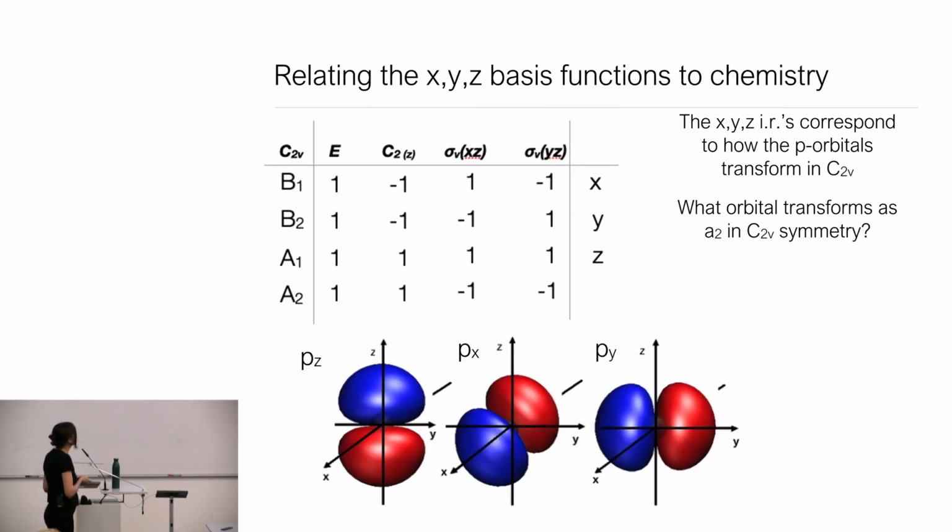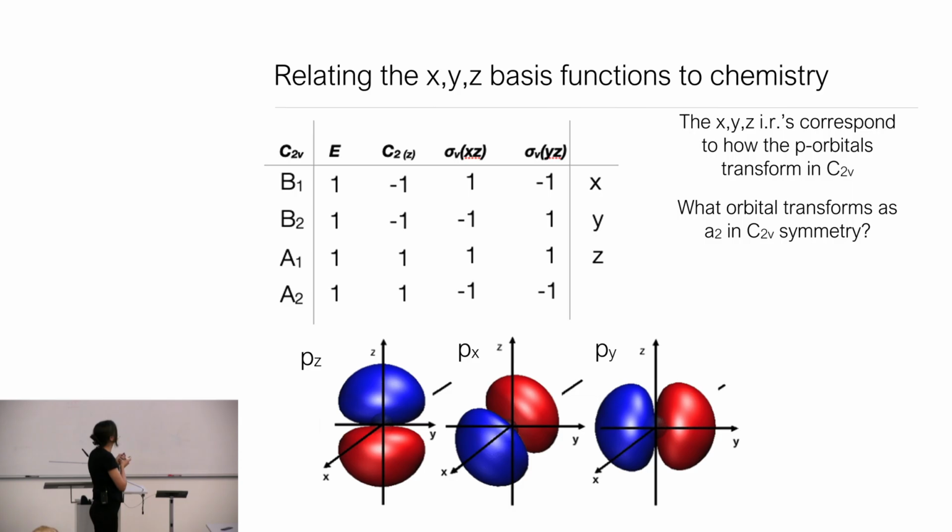Okay, so let's look at this. What we already saw and discussed before is how these orbitals transform under each operation. So we basically talked about the fact that x, y, and z transform as our px, py, and pz orbitals. But what we didn't assign is A2.